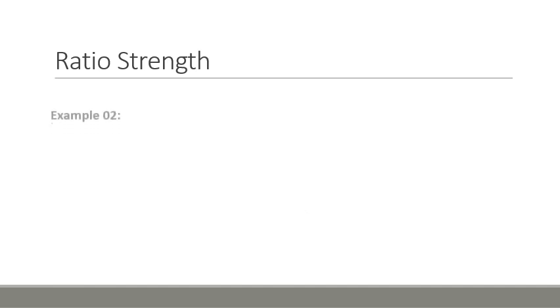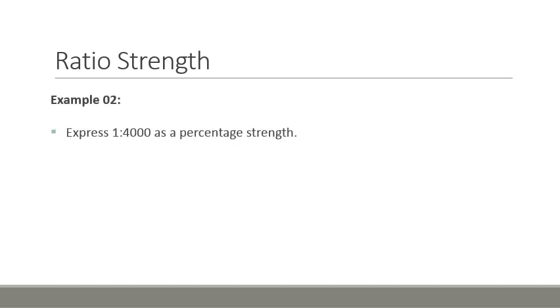The next example is: express 1 is to 4000 as percentage strength. If we consider 4000 as the 100 parts of the preparation, then what will be the part of 1 in those 100 parts of preparation?